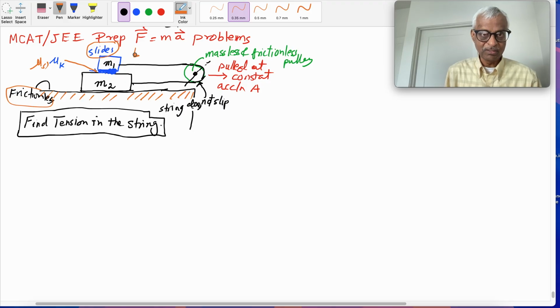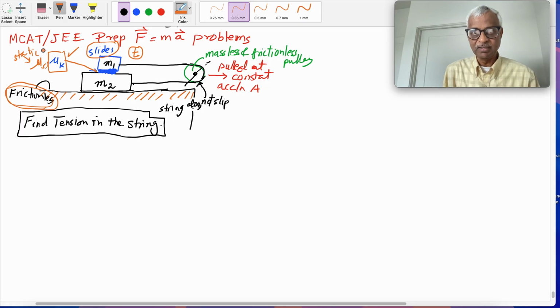So there is an instant t problem about when it is sliding on M2. M2 may also be sliding, but because of frictionless, we don't care what's happening as far as friction is concerned here. So because this is sliding, this is the friction value that will be important, not the static one.